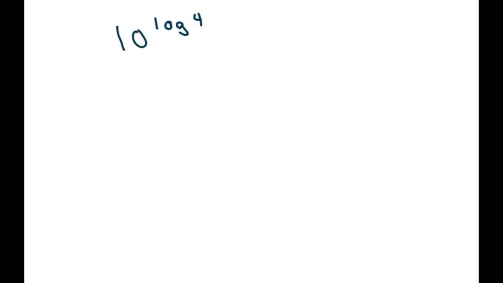All right. The next one here is this one. The first thing I want to do is write this as a log. So I'm going to write this as log of 4 equals x. All right? So this is base 10.